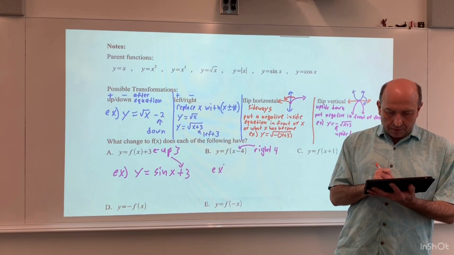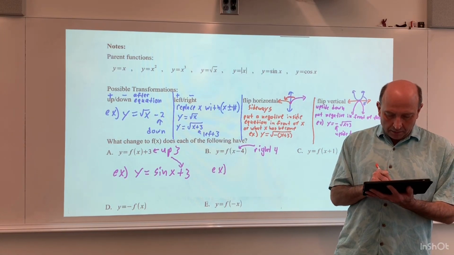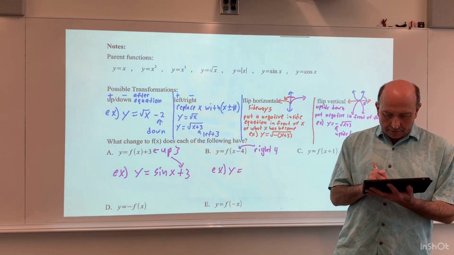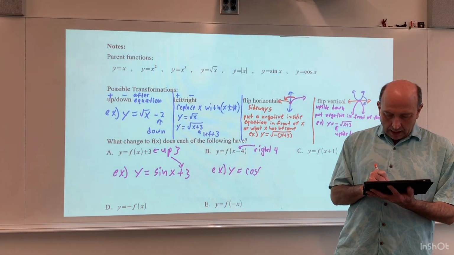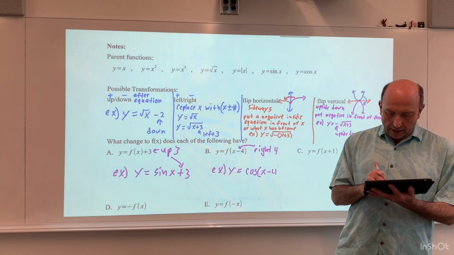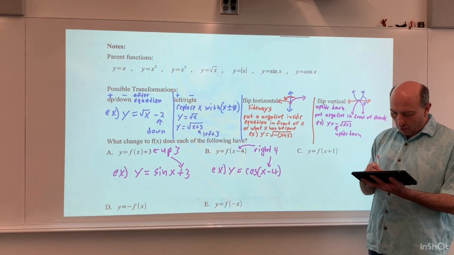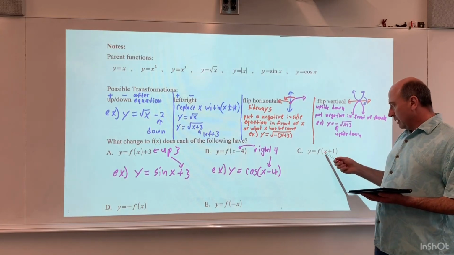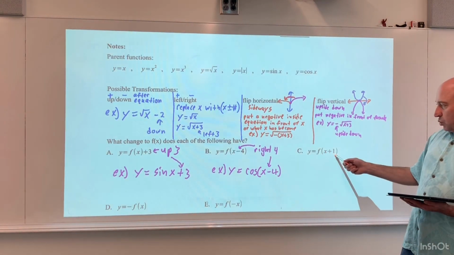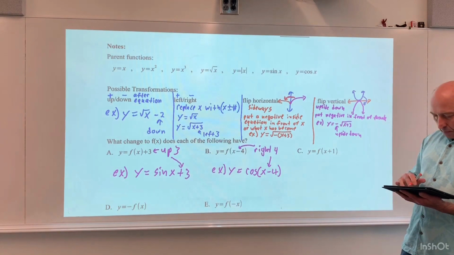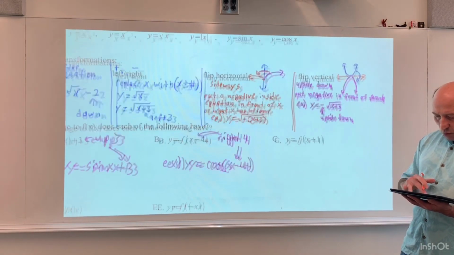For example, you pick a formula at random, like the cosine, and you put x minus 4 into it. That moved it to the right 4, so it's inside the formula. So like this x plus 1, that's in the formula. That's going to move it left 1.